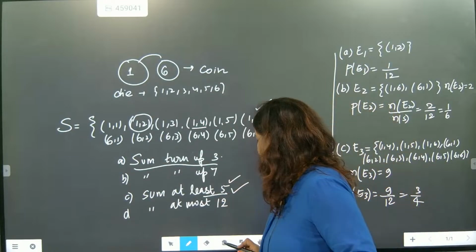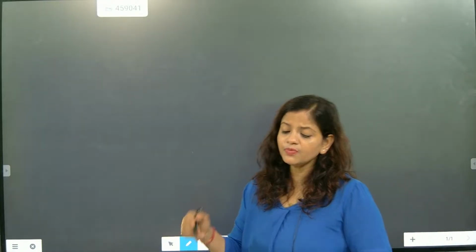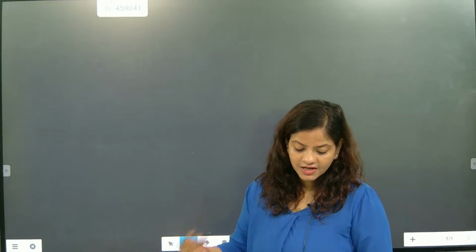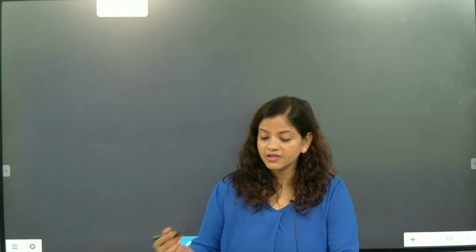The question here is, you have to find what is the probability that a leap year selected at random will contain 53 Sundays.